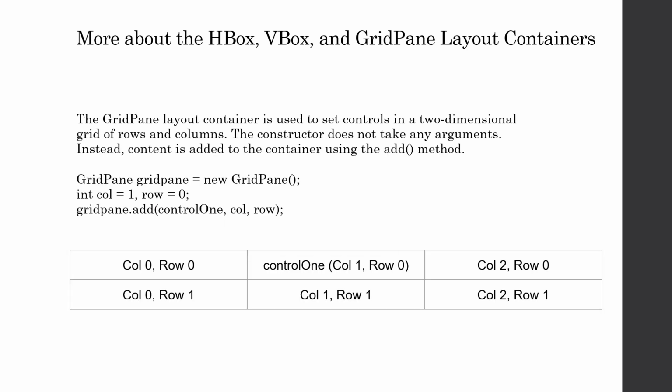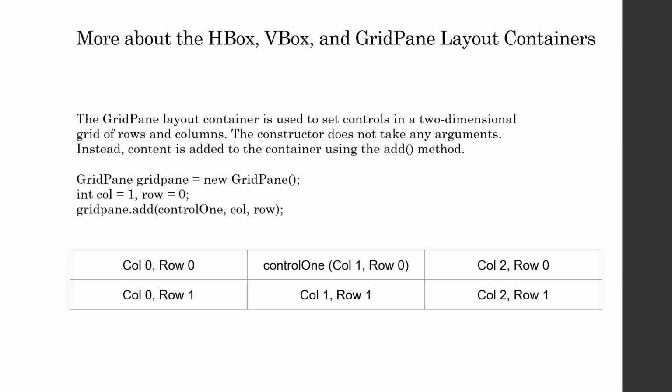Getting into the next slide, we're going to be talking a little bit about the GridPane layout. This container is used to set controls in a 2-dimensional grid of rows and columns. Whenever you make a GridPane, the constructor for it doesn't take any arguments.